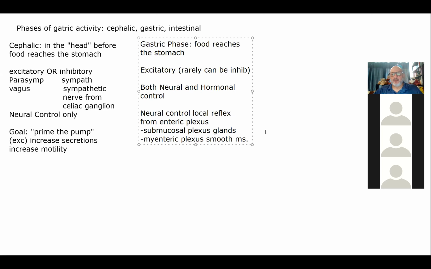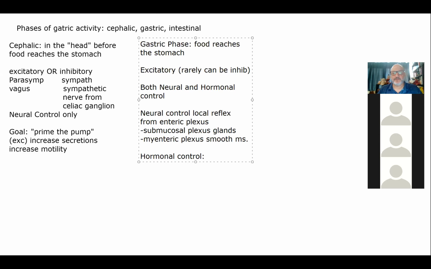All right. But it also can be hormonal as well. What's the hormonal control based on? What controls the stomach hormonally during the gastric phase? What hormone? Gastrin.